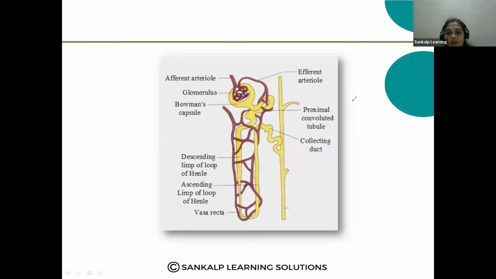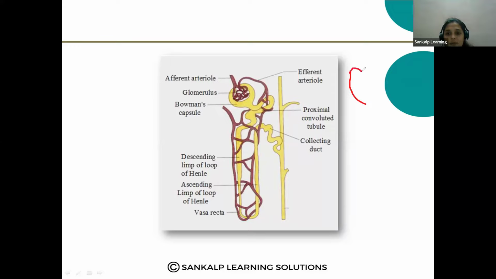But some nutrients, some water and the non-essential waste products move inside the tube-like structure, the Henle's loop. The yellow colored structure represents the coiled structure of the nephron.